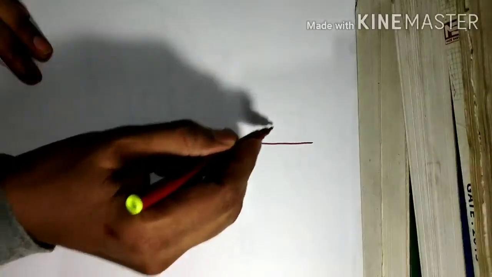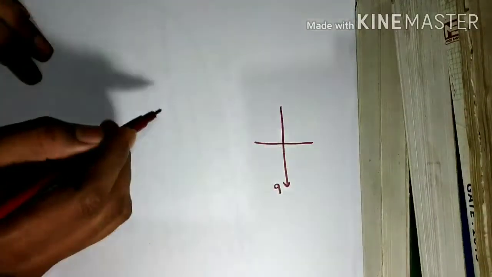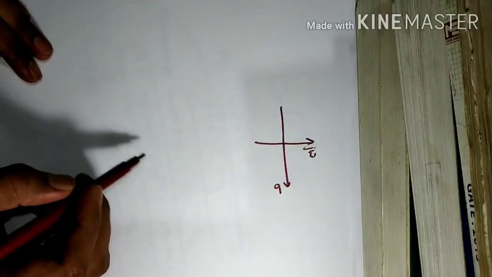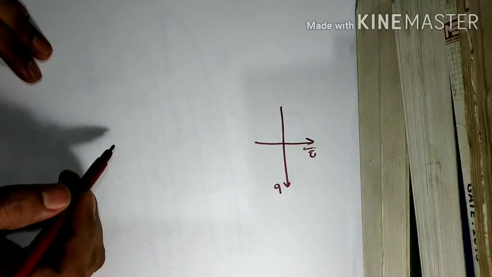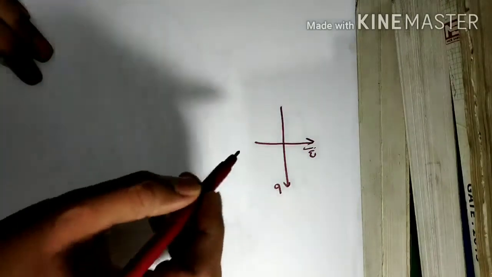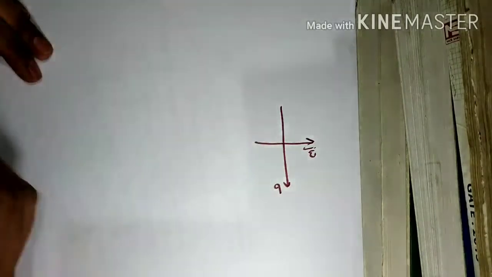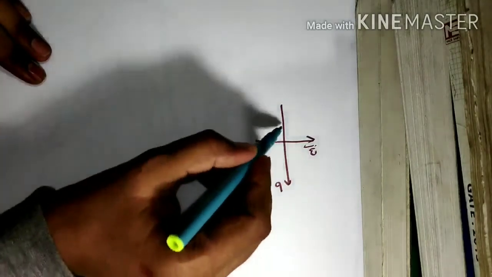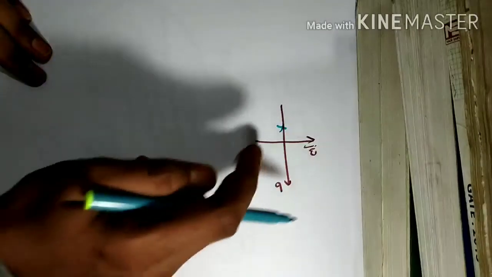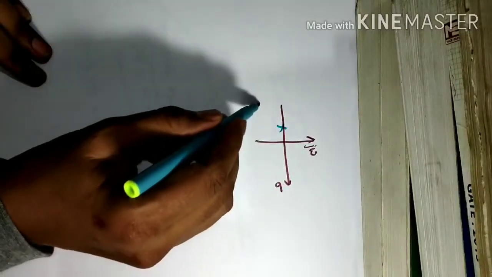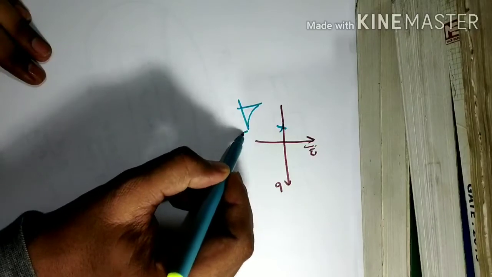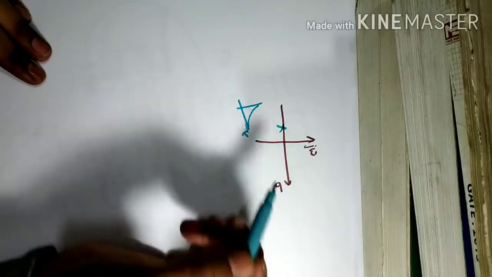This is sigma, this is j omega. Okay, if the pole is on the negative real axis, located at this point, you will get a decaying response. So this is a stable system.